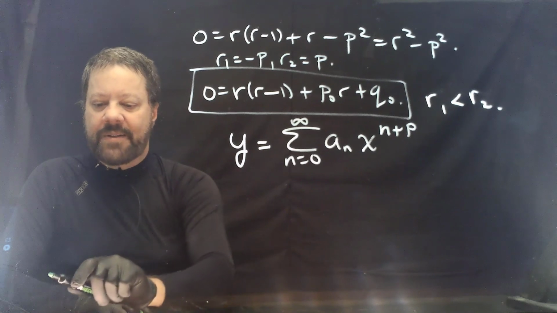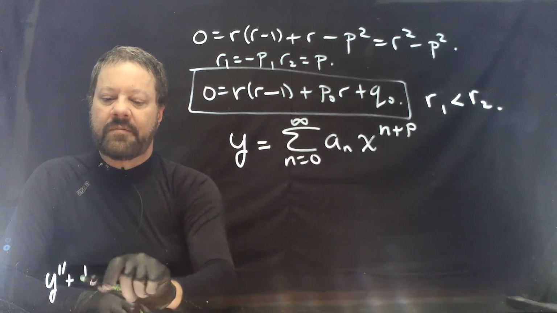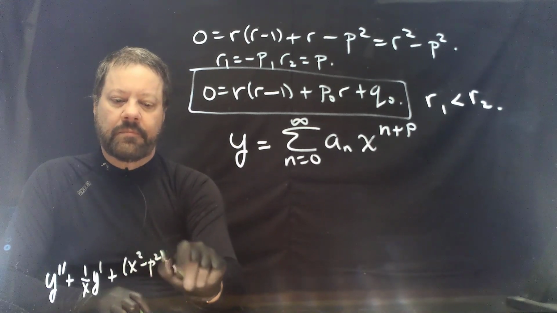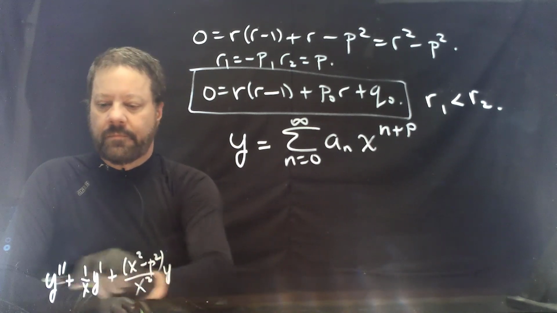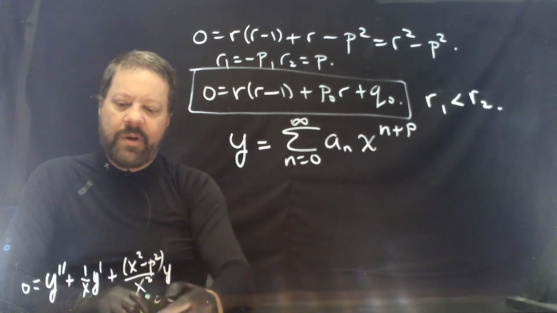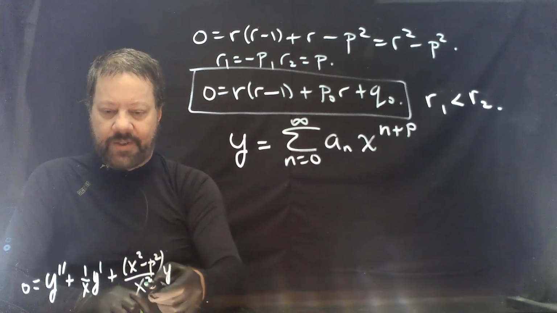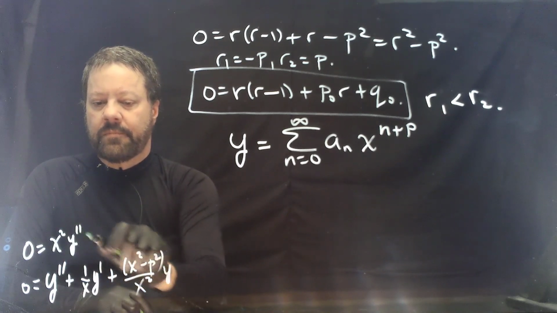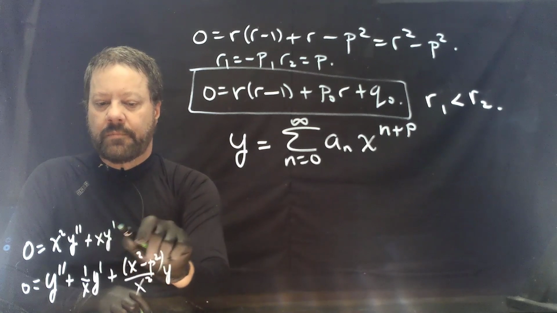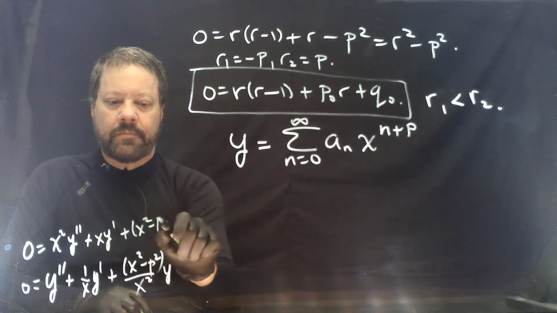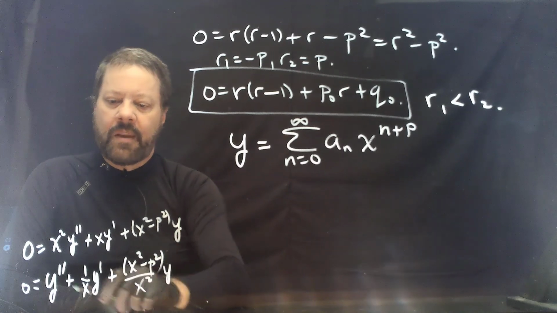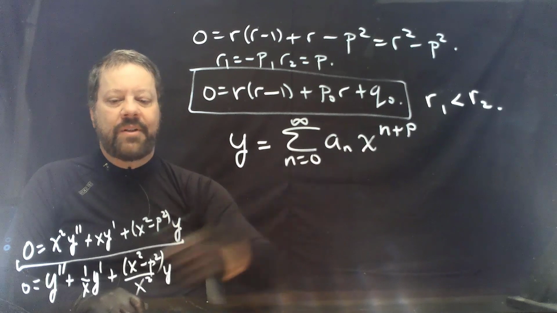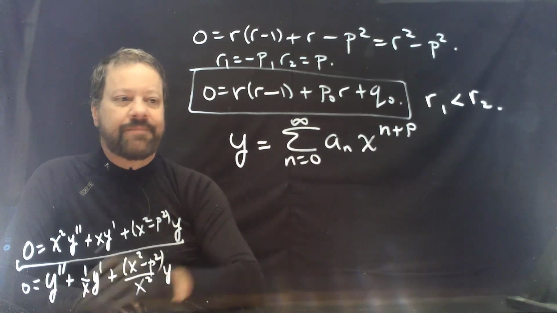Going back to Bessel's equation itself, we can rewrite this by multiplying through by x squared. Yielding a slightly simpler equation to work with when it comes to our power series representation.